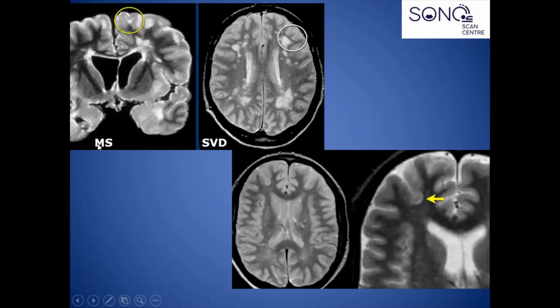In MS, if it is clinically suspected, we find lesions in the cortex or juxtacortical and in the periventricular area, where they will be perpendicular. We have to zoom the images nicely to see whether there is U fiber involvement or not. U fiber involvement we don't find in small vessel ischemic changes. So these are certain differentiating points here.